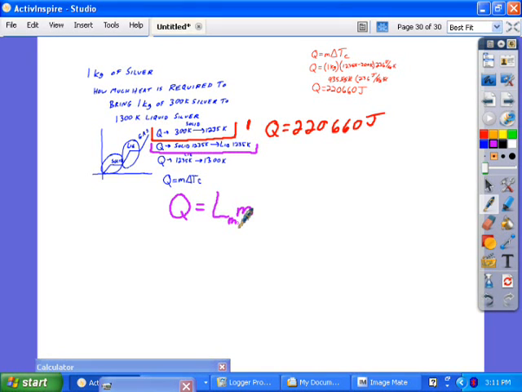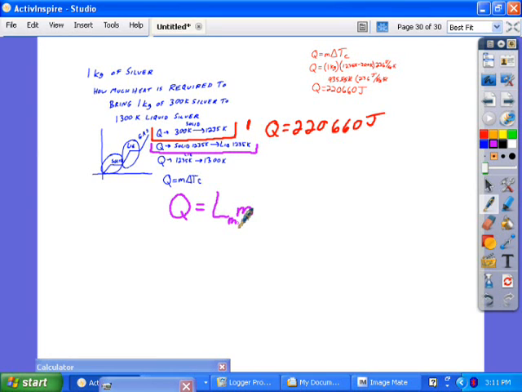Or wait, no, I'm sorry. Brain fart. Okay, yes, we're going in the right direction here, but if you were going from a liquid to a solid, you would have to use the same thing, the latent heat of melting, even though you're going from a liquid to a solid as well. So it's the same exact thing, it just switches up here a little bit.